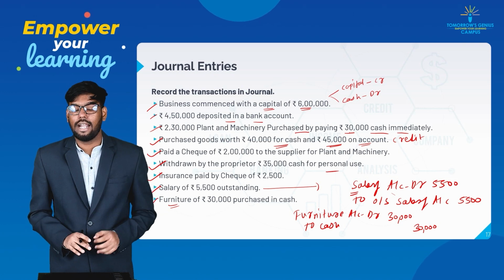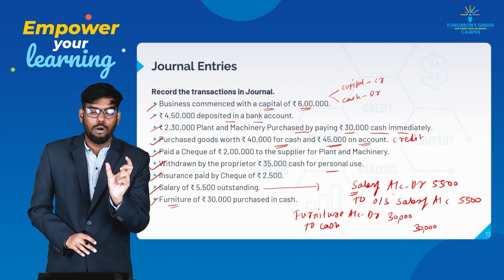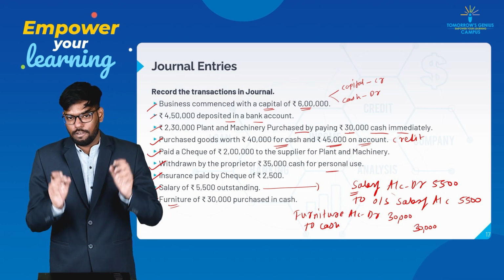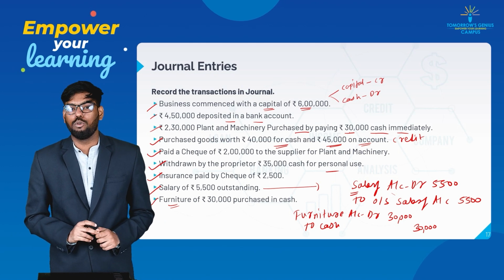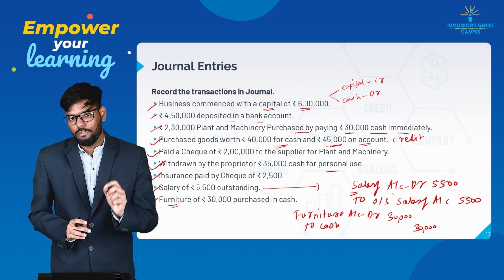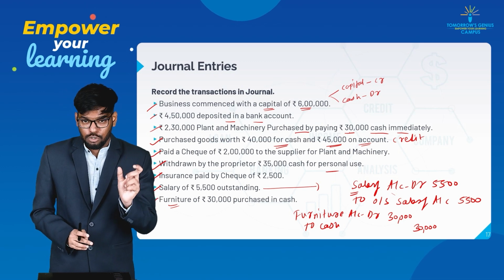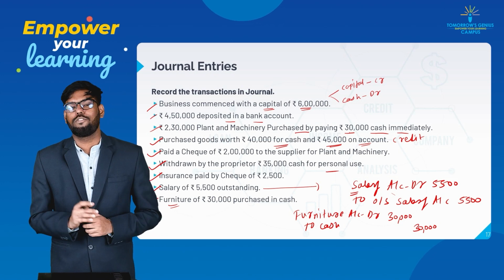By applying that, you can form an accounting equation as well. The formation of the accounting equation helps you in the preparation of your balance sheet, which is part of your financial statement, right? And once you know the debit and credit, you can start with the preparation or passing of the journal entry.